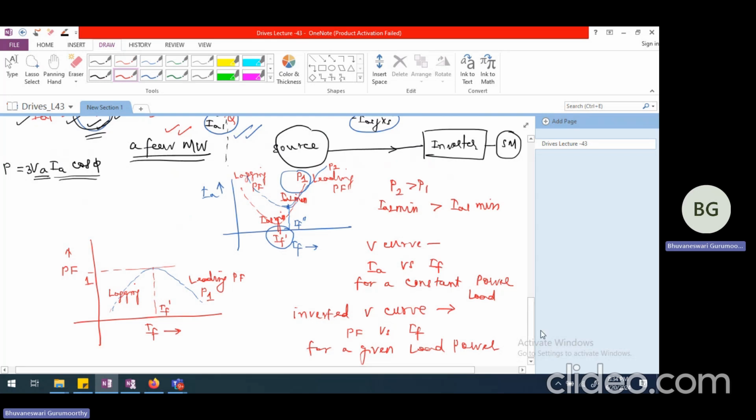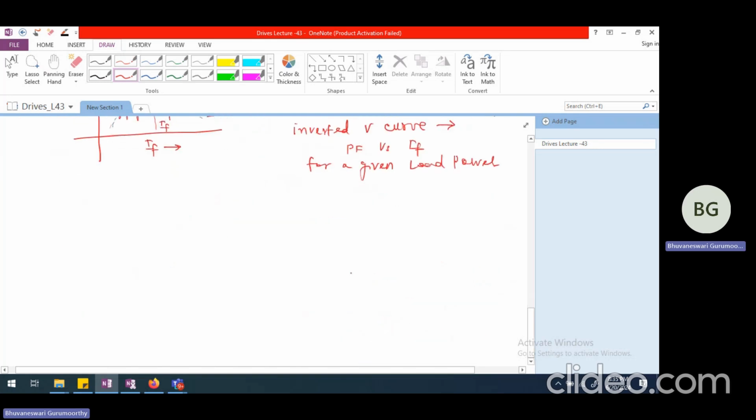Now we said that the power is given by the equation 3 times EV divided by XS sine delta. The delta, at the most in steady state, can be 90 degrees.